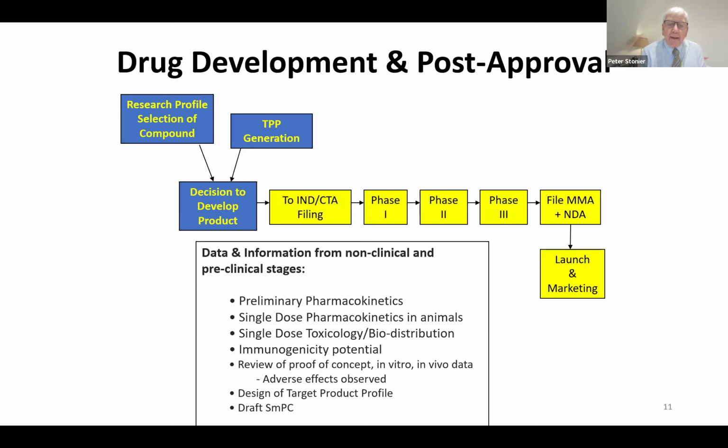And this goes on in the non-clinical and the preclinical stages before the medicine is introduced to humans.